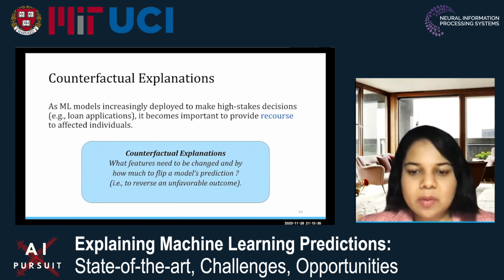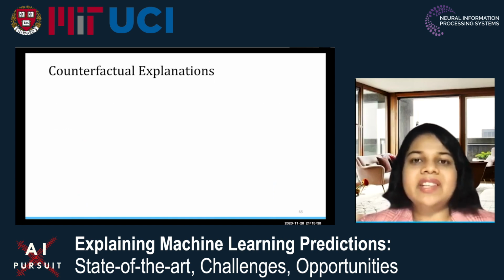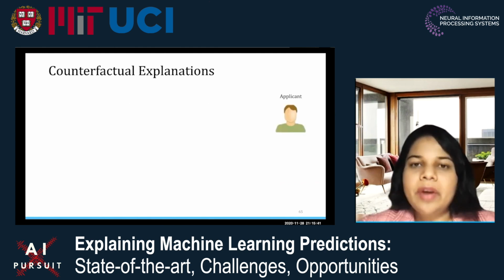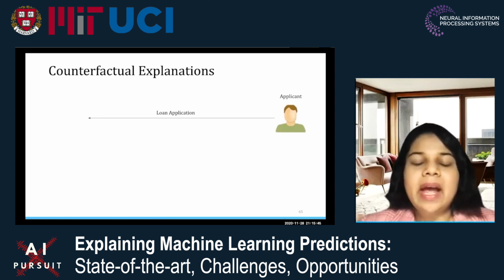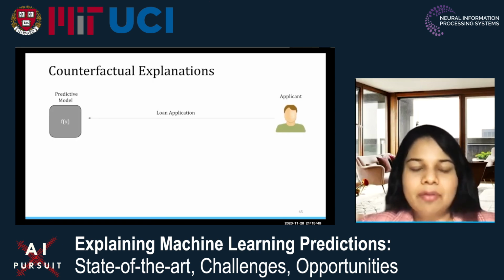To understand this better, let us consider a concrete application scenario where an applicant sends his loan application to a bank, and the bank might be using a predictive model, in this case f of x, to determine which loan applications should be approved and which ones should not. In this particular case, let us consider the scenario where this particular applicant's loan application is rejected by this predictive model.